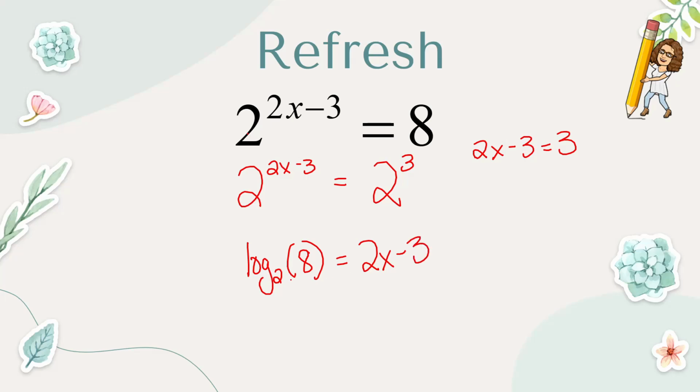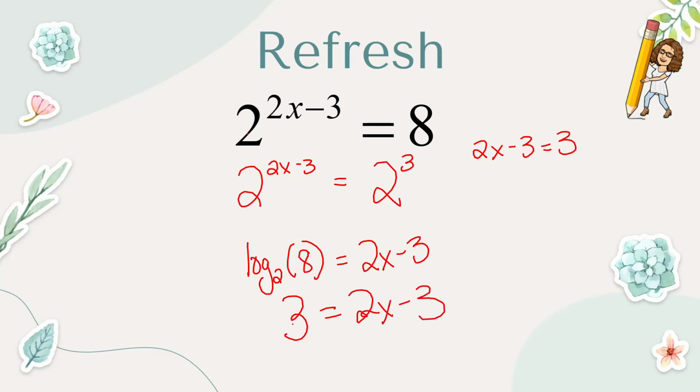Using our calculators, or using the change of base formula, depending on how you need to do it on your calculator, I know I have the ability to do log with a certain base. If you need to use the change of base formula, you would go log of 8 divided by log of 2. I would get an answer of 3. However I do that, 2x minus 3, and then again we would solve: x equals 3.